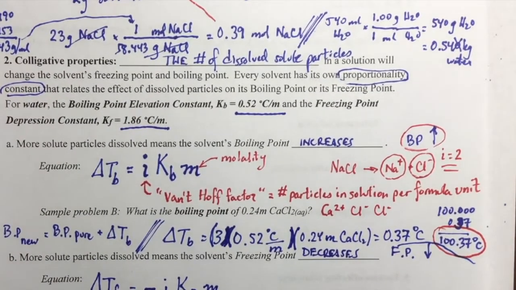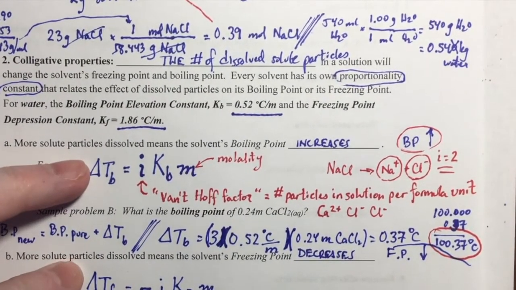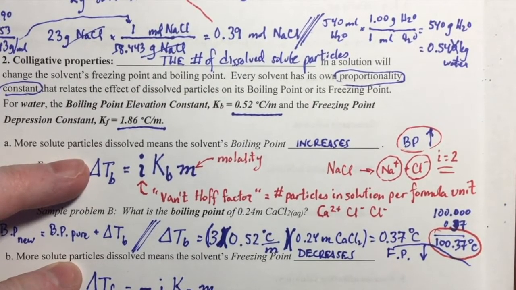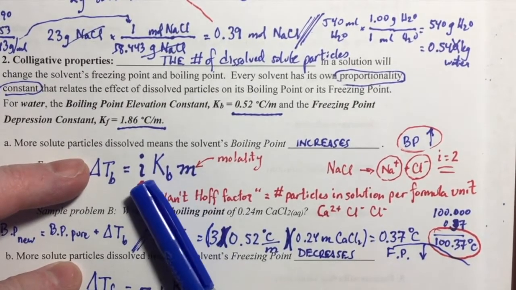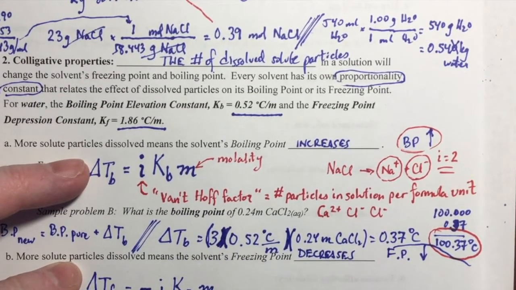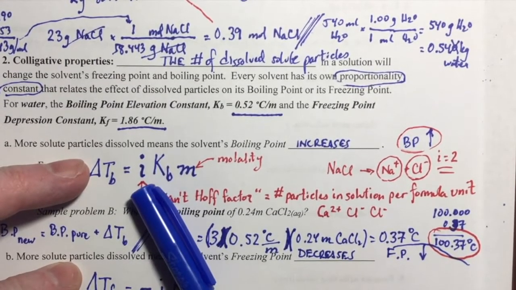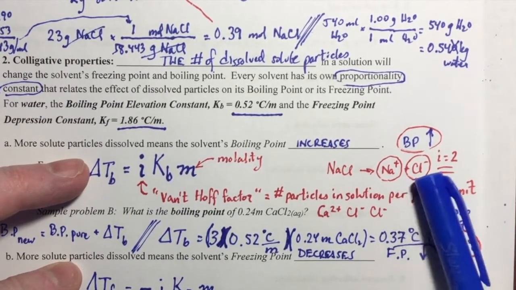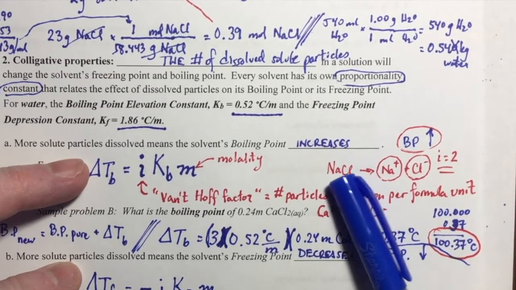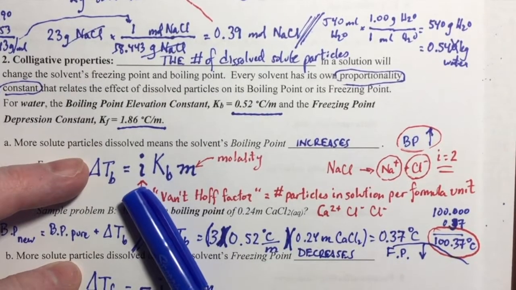I just want to remind you that these equations can be reported in slightly different forms. You may see the equation that does not have the i, the Van't Hoff factor, explicitly written. But it's still the same math, even if the i is invisible. When the i is there, it represents the number of particles per mole of solute formula in solution.